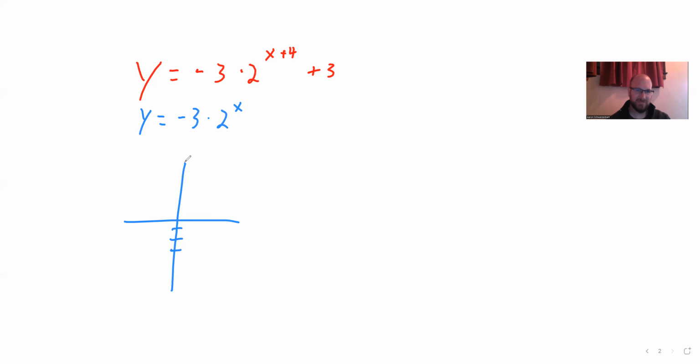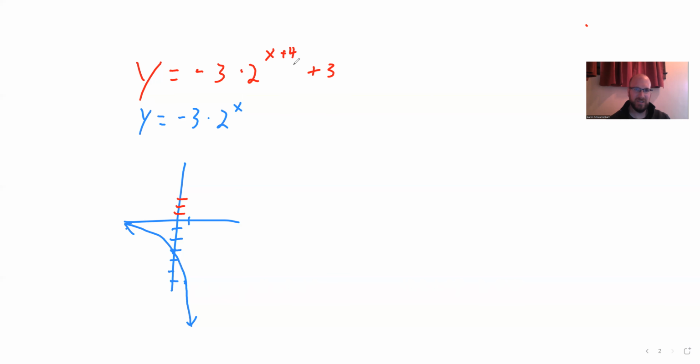This has a y-intercept of -3, and it's doubling. So as I get to 1, I go to -6, the asymptote being 0 if I have no translations from these two numbers. Now I will adjust for my translations. So I started with just my basic function with the y-intercept and my growth factor.